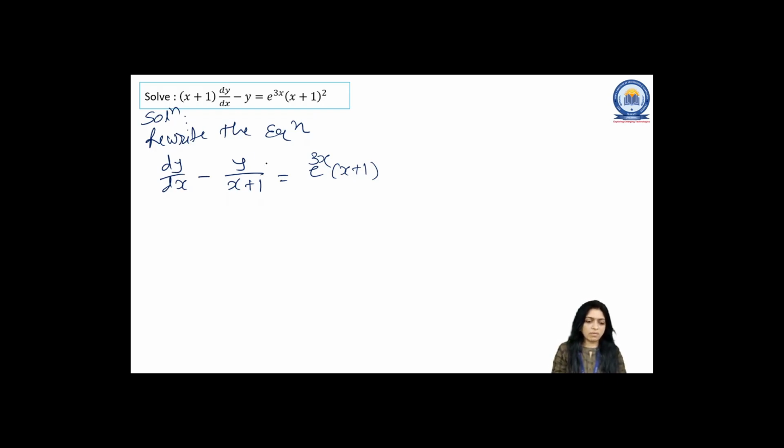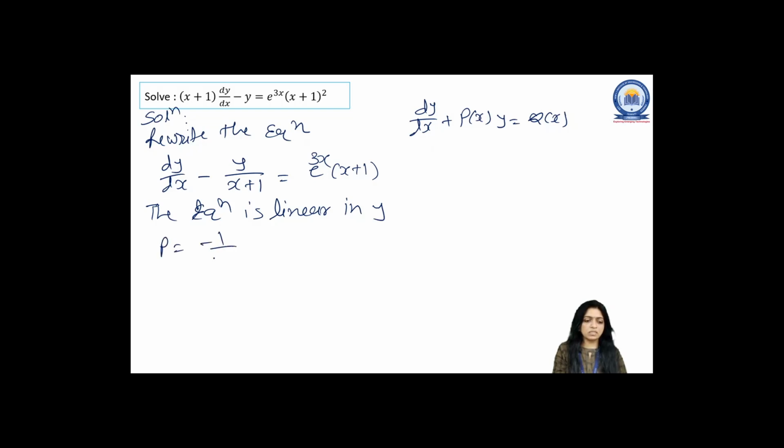So if you compare this equation with the linear form, that is dy by dx plus p of x into y is equal to q of x, right? So the equation is linear in y. As the equation is linear in y, the multiple of y, that is p, is minus 1 upon x plus 1, and q is e raised to 3x into x plus 1.